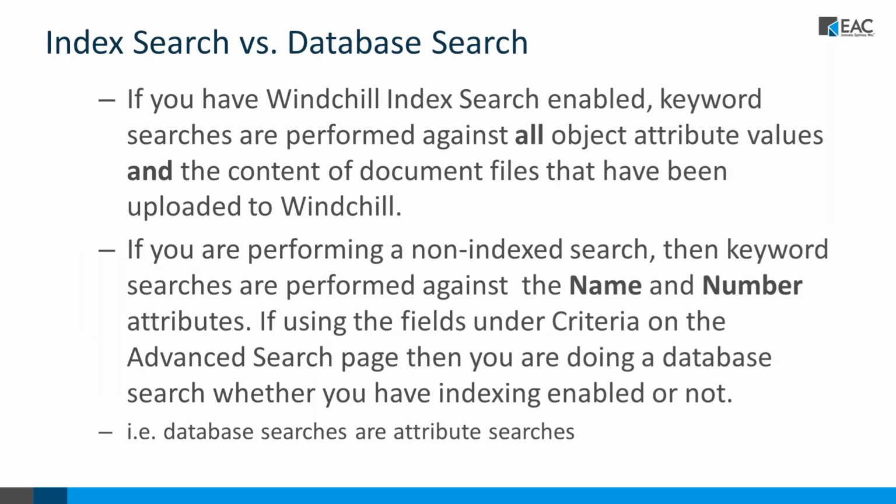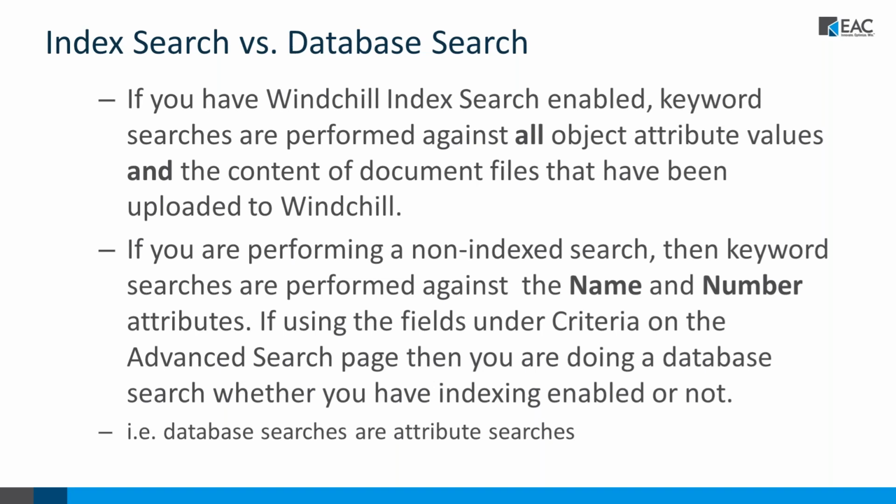So I mentioned briefly about index searches, and we're going to talk about that compared to a database search, or basically your typical non-indexed search. If you have Windchill index search enabled, keyword searches are performed against all object attributes and content of the document files.